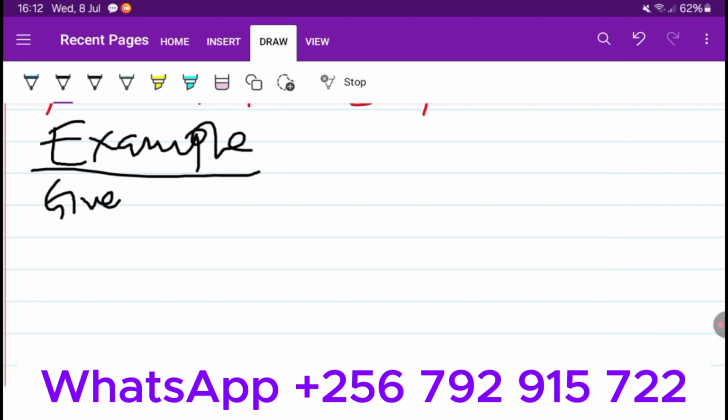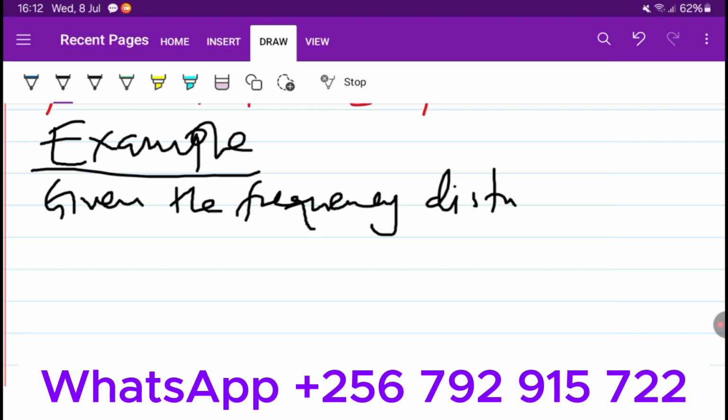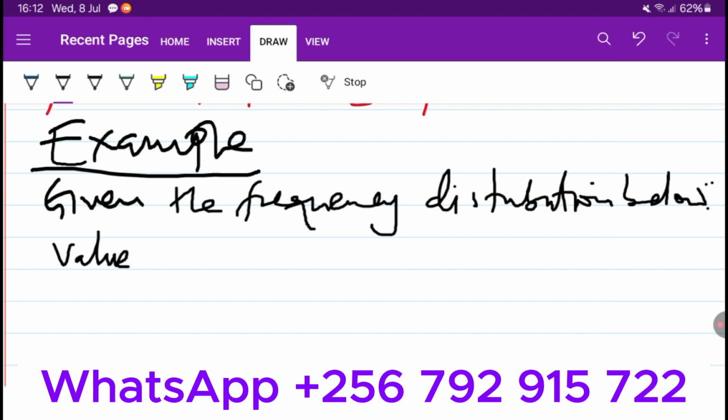It says, given the frequency distribution below, we have now the frequency distribution where we have the values. We have 71 to 75. We have 76 to 80. We have 81 to 85.